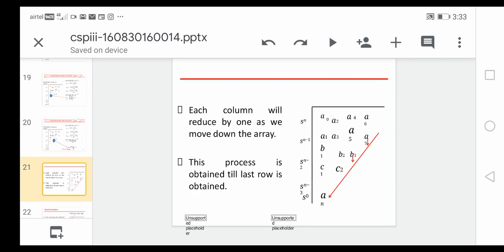Like this we get c1, c2, c3. Each column reduces by 1 as we move down the array, because we do not get that one element. The final row is obtained with a single element.